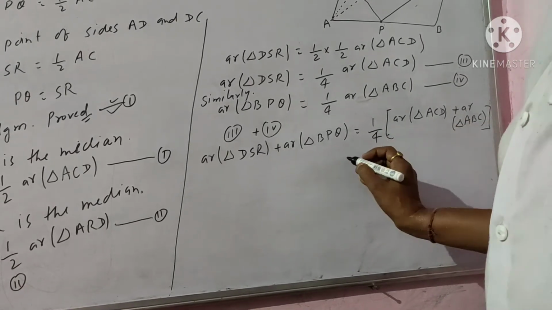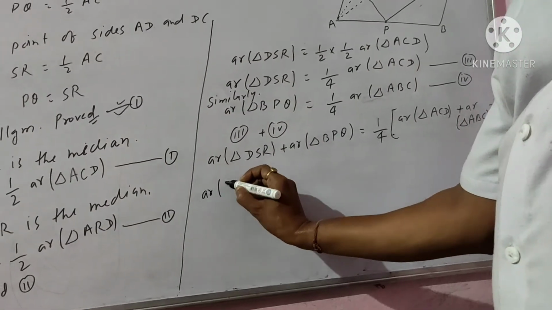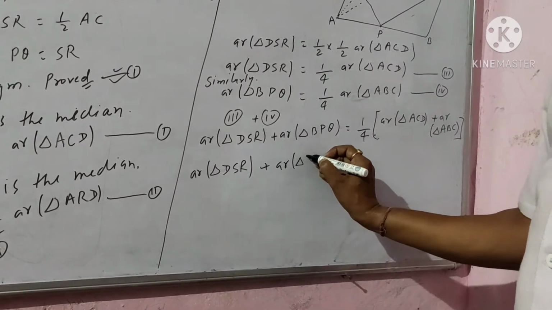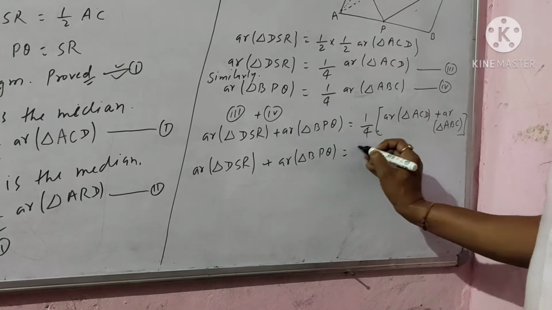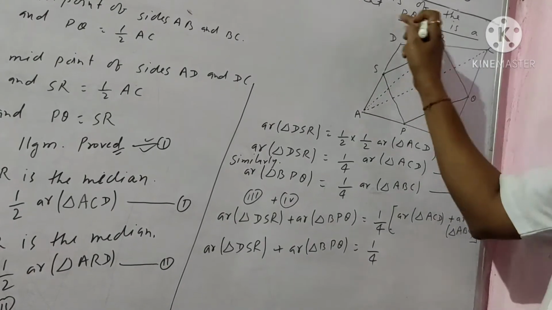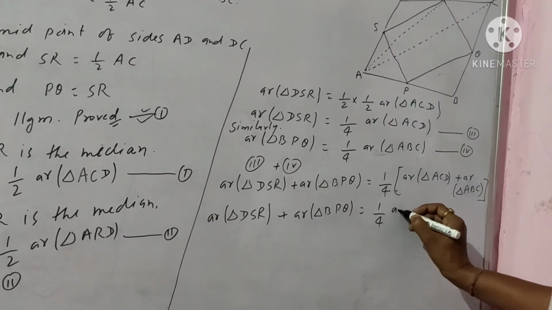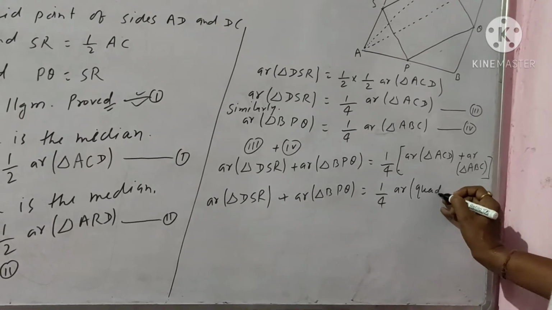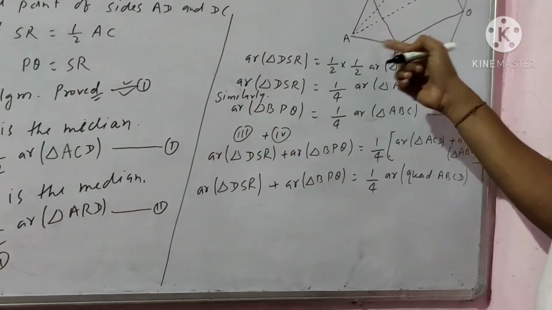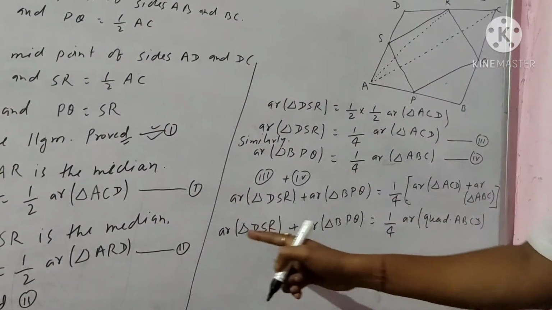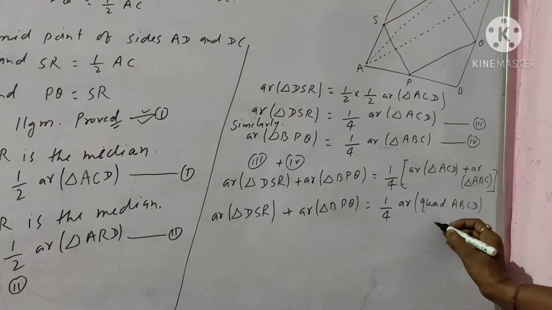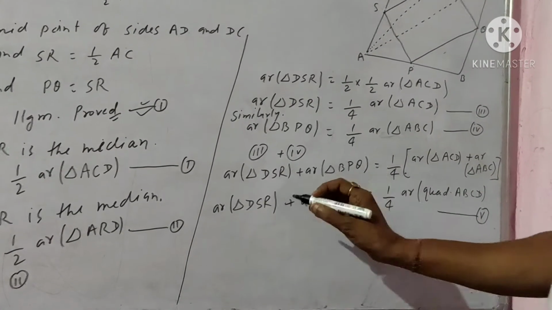Look at here, ACD and ABC combined together give the area of quadrilateral ABCD, because these two are the combination of the quadrilateral ABCD. So this plus this is equal to the quadrilateral ABCD. This is equation 5.